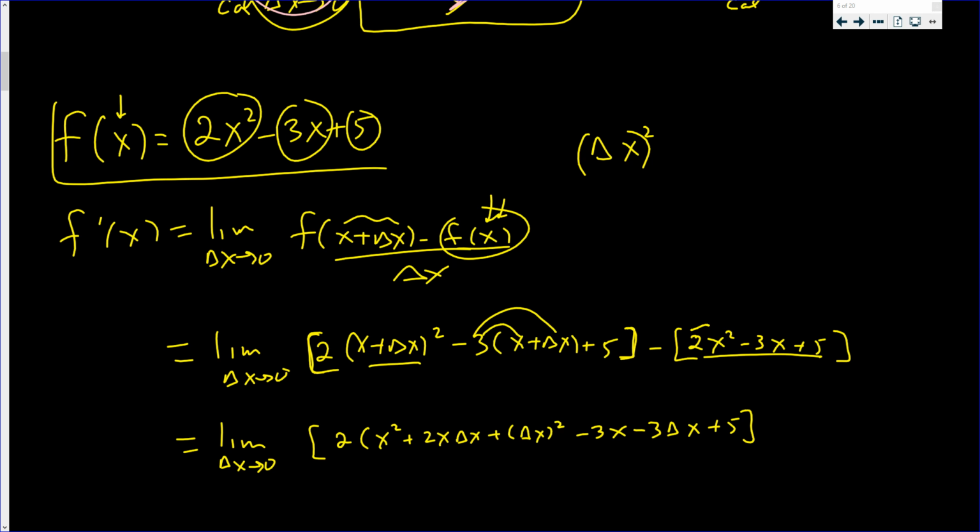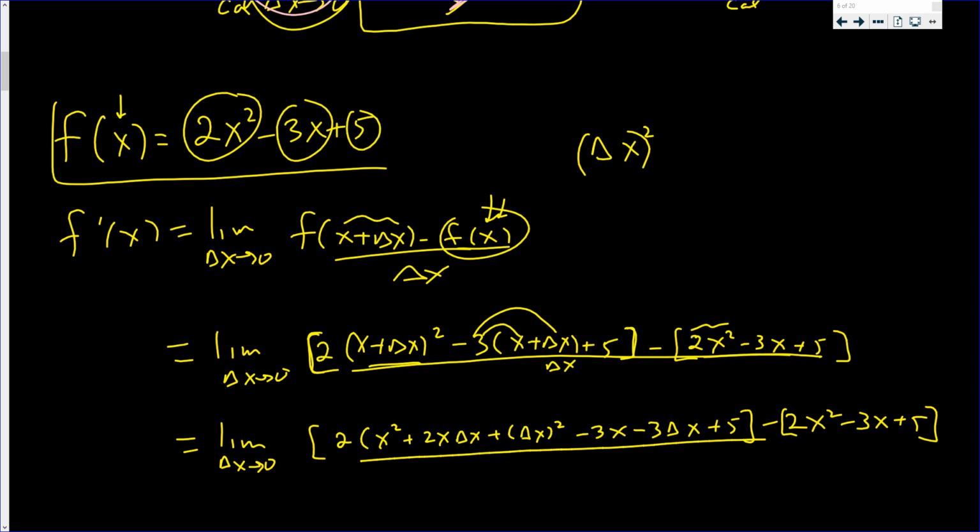And I'm supposed to take away 2x squared minus 3x plus 5. Oops, all over delta x. It's all algebra so far.